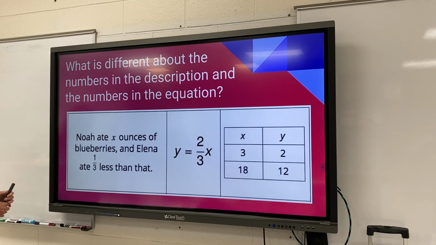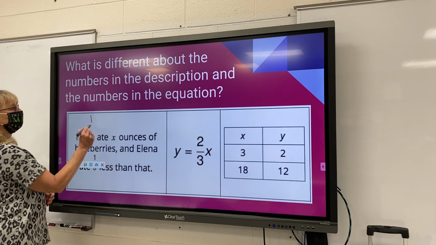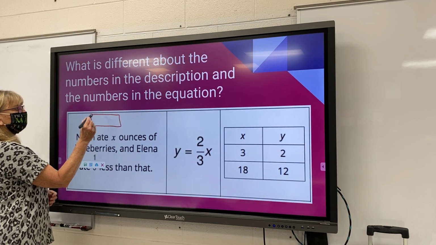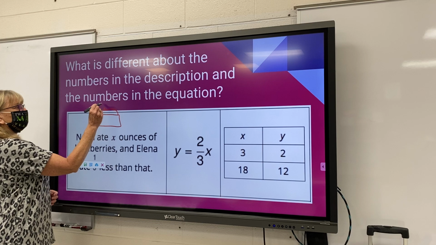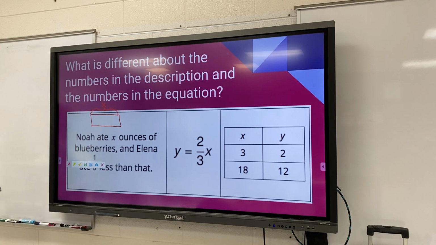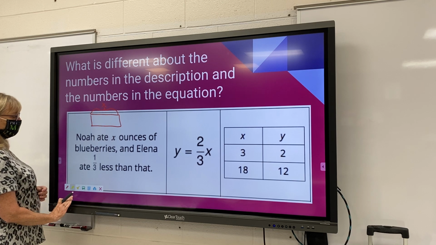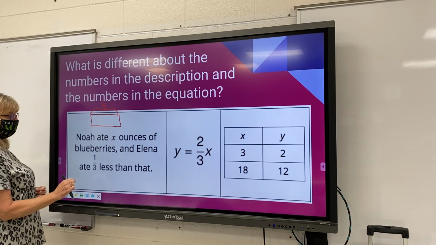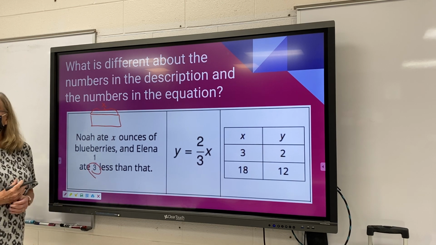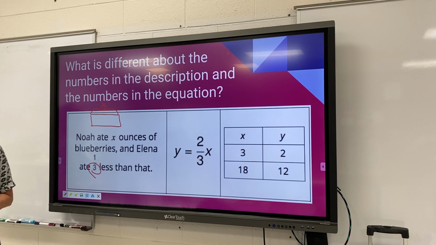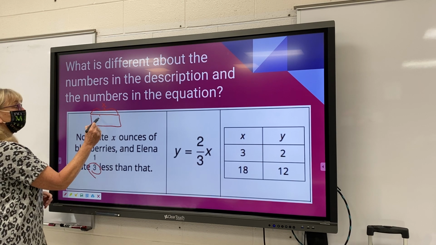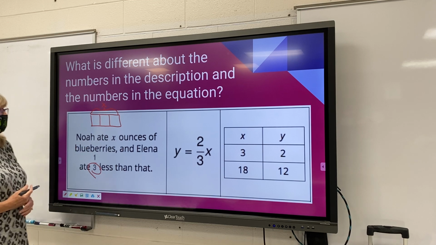Okay, so if I was to draw a tape diagram of this, if this is x, that's Noah, right? And we're splitting this up into what? What's my denominator here? 3. 3, so I'm going to split this up into thirds.